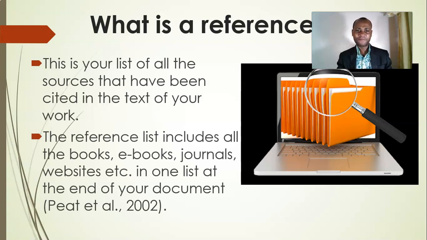Okay, so the reference list includes all the books, the ebooks, the journal, the website, etc. in just one list at the end of your document. Okay, so you should be able to provide a list, and everything which is inside the manuscript should be included in the list. So if you provide something and then you don't include it in the list, if the editor gets to find out, it means he's going to reject your paper.